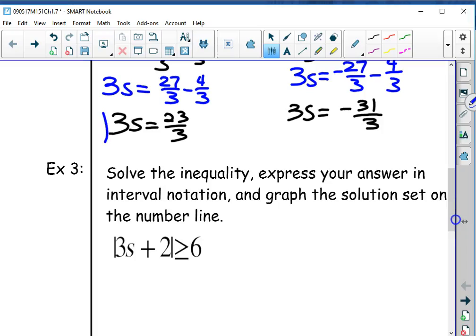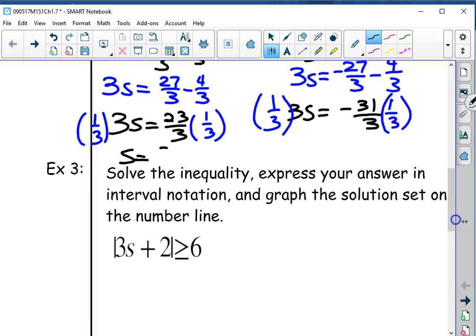And then I'm going to use the reciprocal because of the fractions. Two solutions: it looks like s is equal to 23/9 and s is equal to negative 31/9.